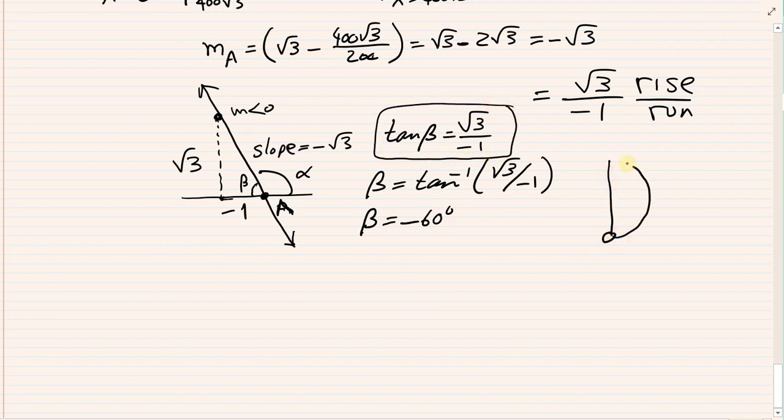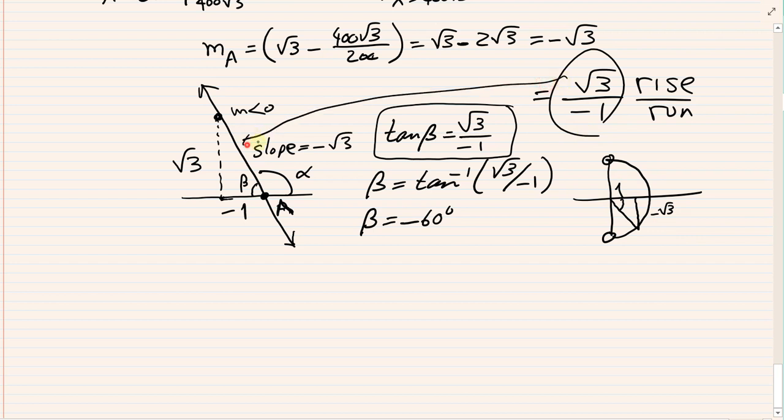If you look at the range of tan, tangent is negative in the fourth quadrant. And this is what we just found. We found this is 1, this is negative root 3. The reason I have it this way is to adjust for my triangle. Notice my triangle is on the left, but I'm drawing something on the right here.